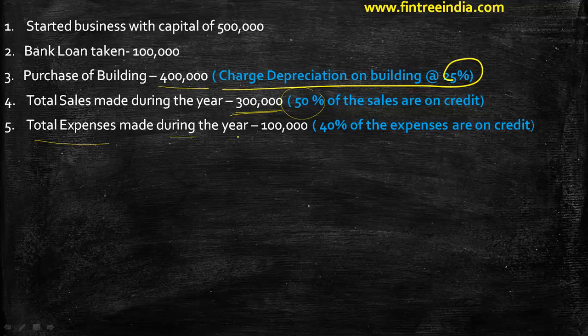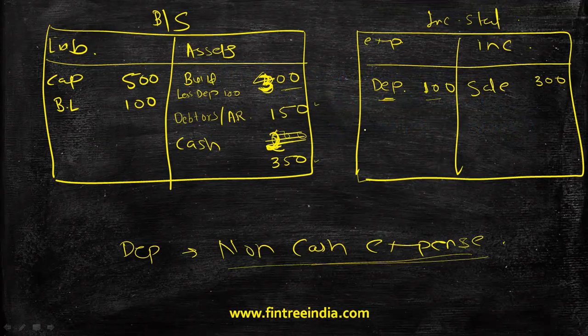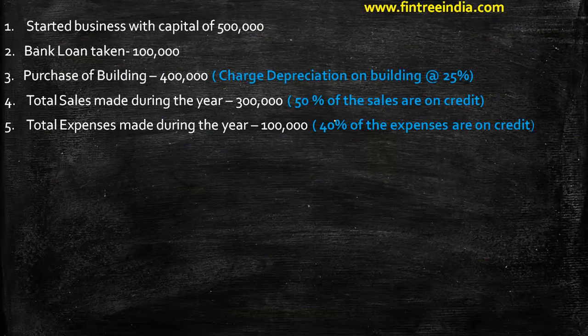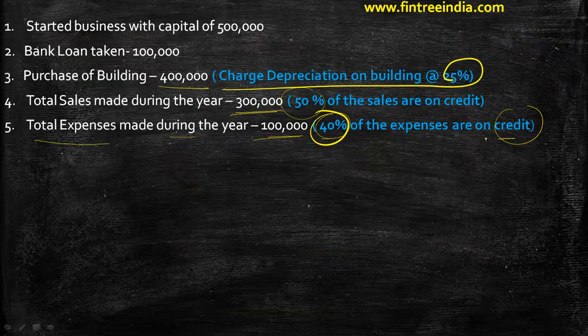Total expenses made during the year are 100,000, 40% are on credit, that means 60% are on cash. No matter how much is cash and how much is credit, the entire expense of 100 would be written on the expense side. But once that is done, to give the second effect, we need to worry about how much was credit. We know that 40% of this expense was on credit, that means 60% was on cash.